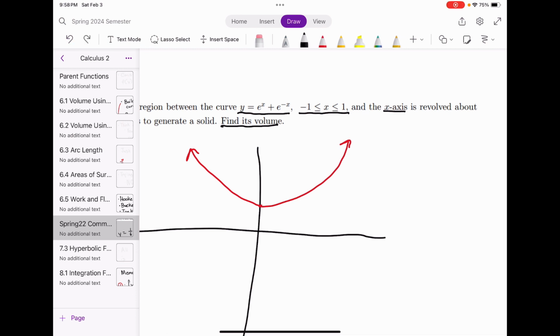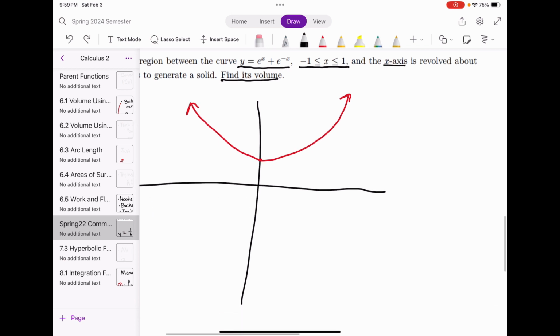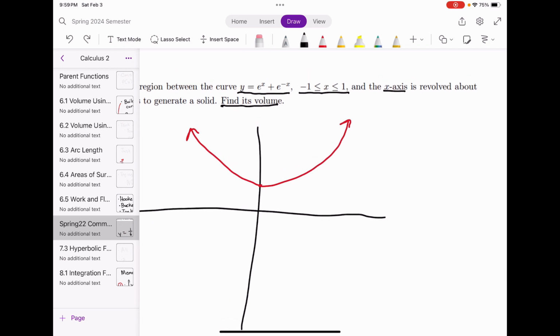If you put 0 in for x, you get 1 plus 1, so it's 2. If you put 1 for x, you get e to the first plus e to the negative first. So it looks exponential here, and the same thing for the backwards. So it's literally just like a parabola.